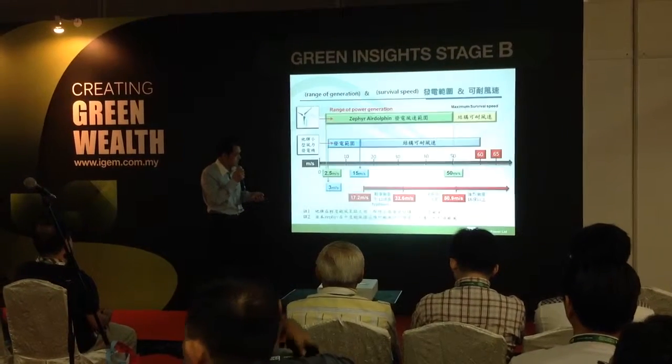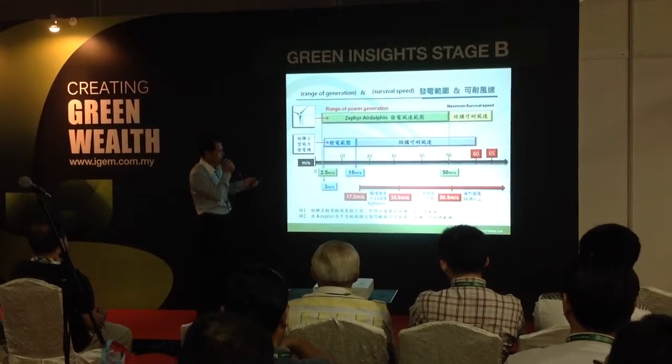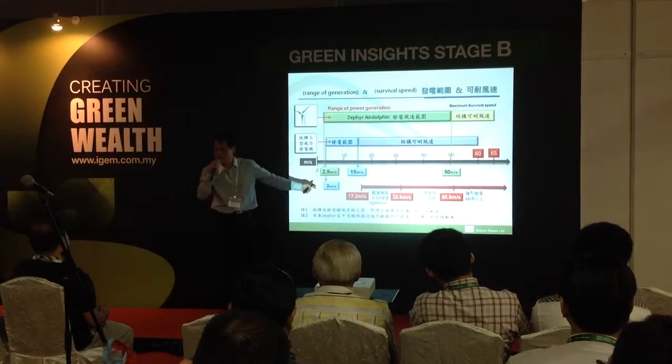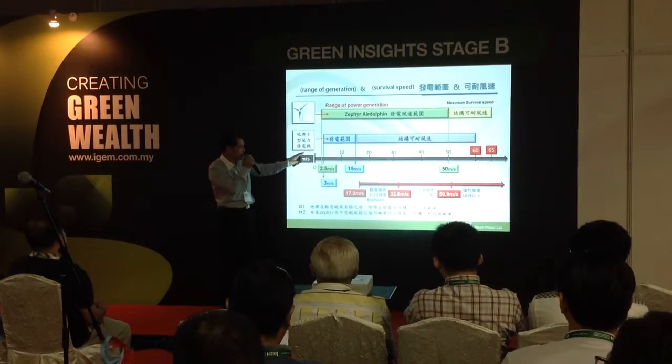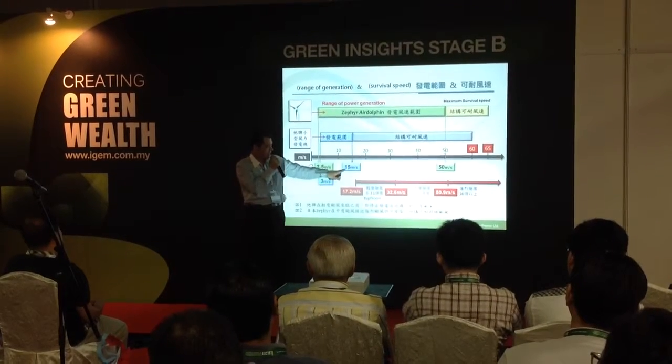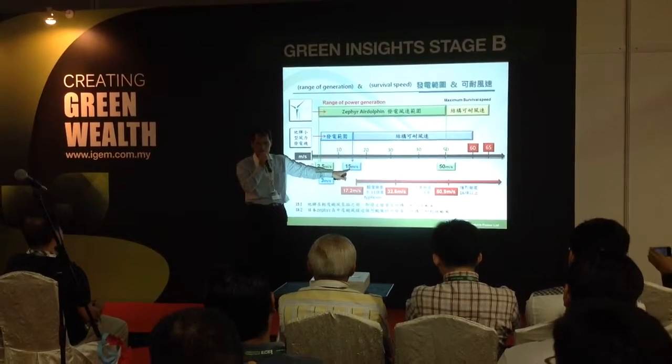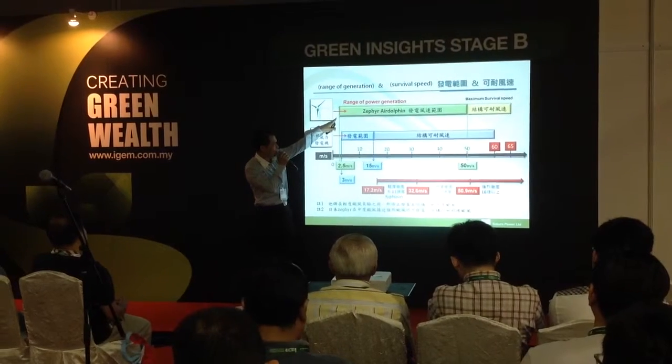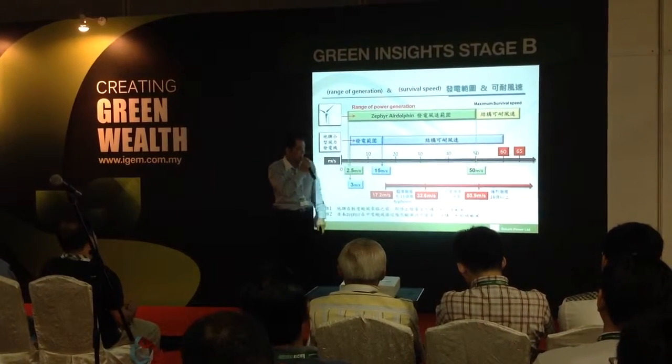And normally, for the vertical type, the power generation range is like this, 3 meters per second up to 50 meters per second. But ours goes from 2.5 to 50 meters per second.